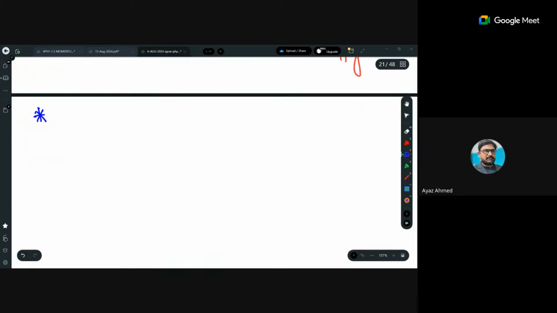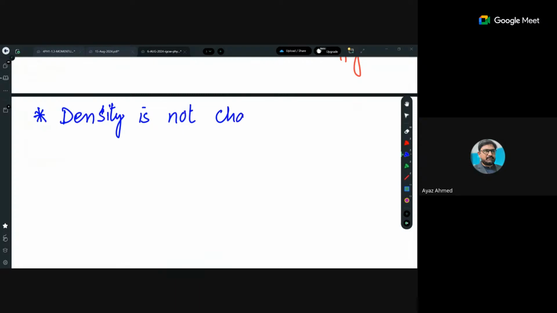Material density is not changed until the material is changed. It can be in different units, but it cannot change until the material is changed.